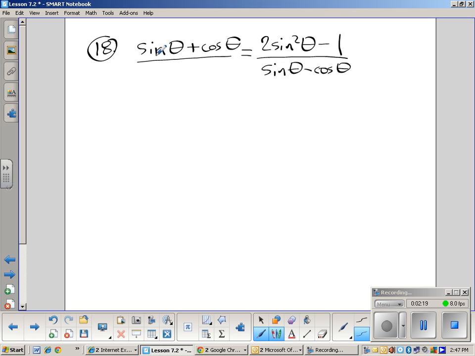What gives it away to me is that this almost reminds me of the Pythagorean identity, sine squared theta plus cosine squared theta equals 1. And so I'm going to use the rule that says if I multiply by an expression equal to 1, then that's legal to do.